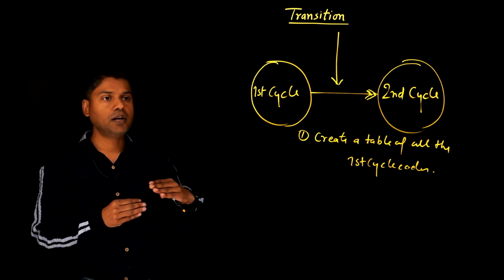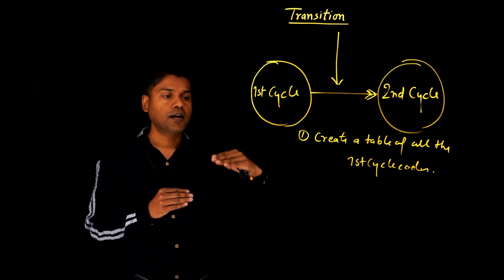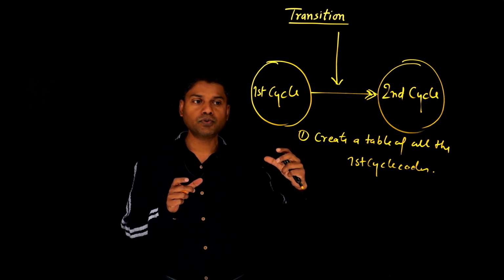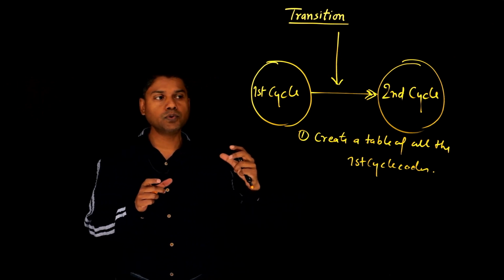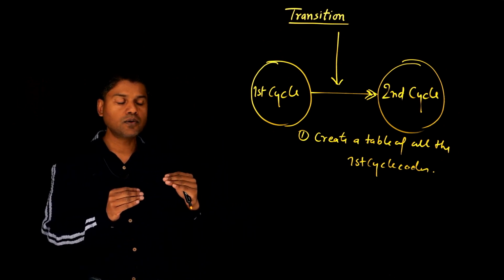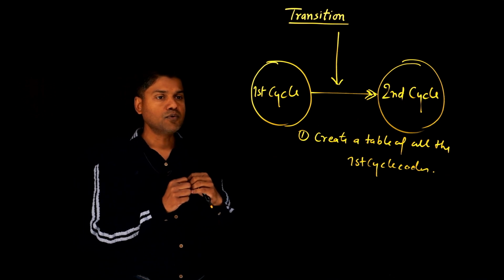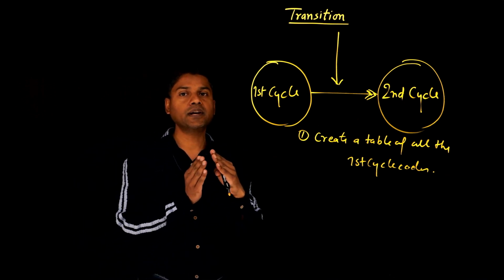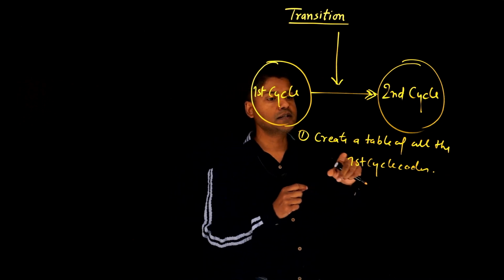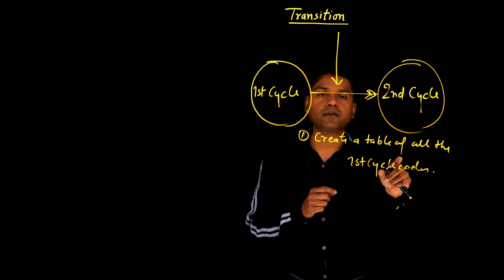Having a large number of codes is a little difficult for seeing the pattern. So we look at all these first cycle codes and see if some codes can be merged together.